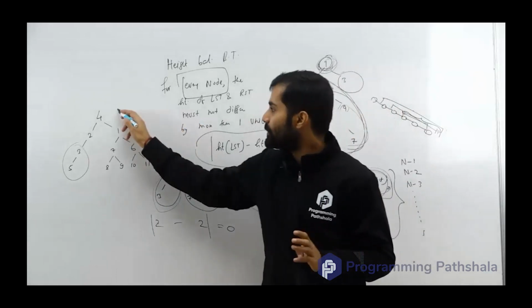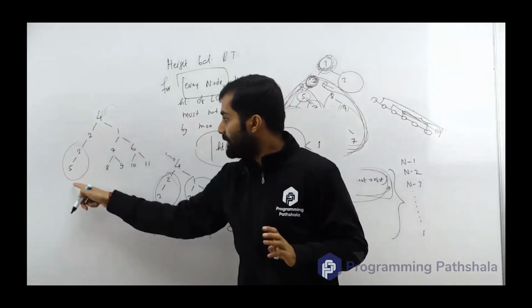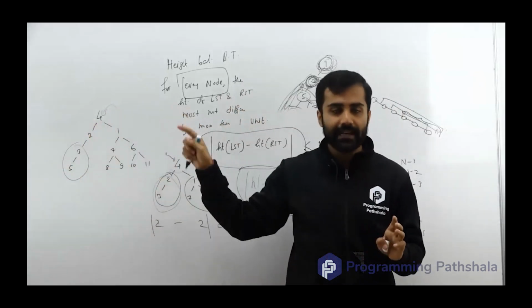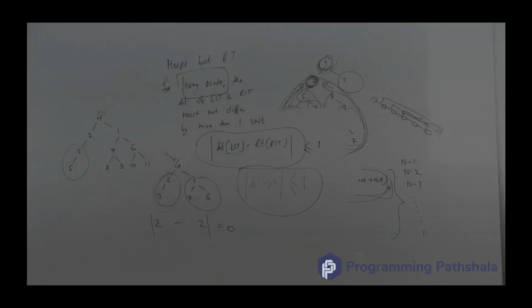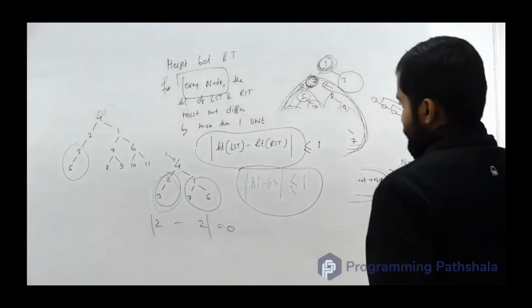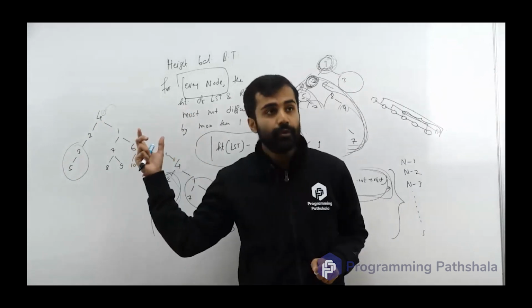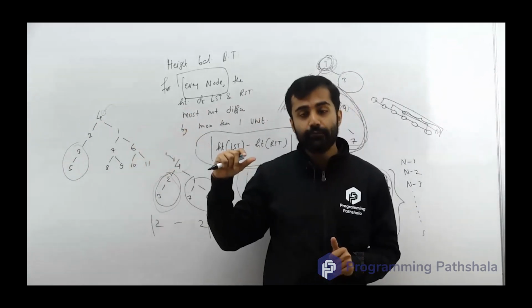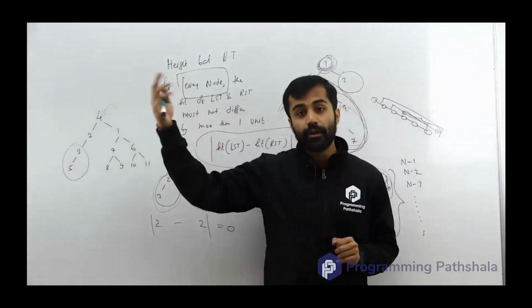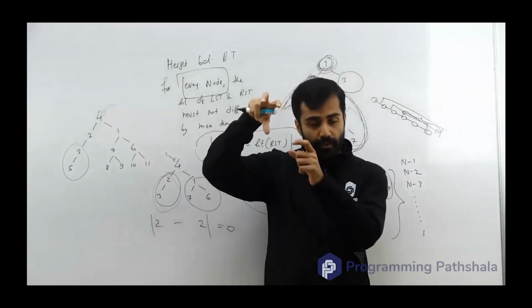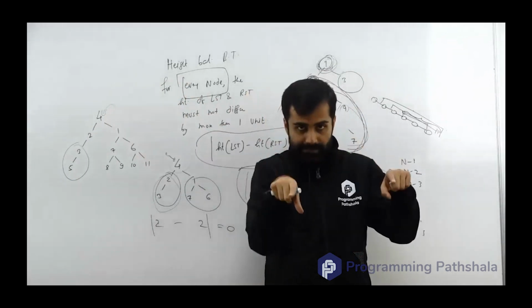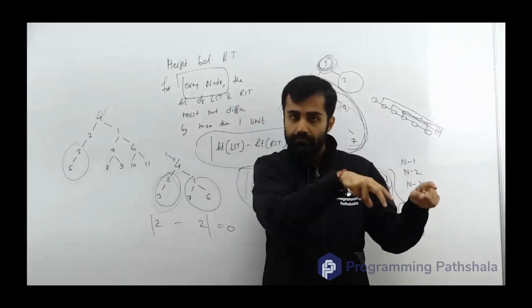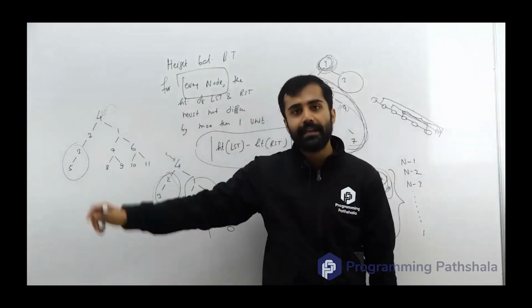At each node, you can first find left height, then right height, and then check for the difference. But you can play much smarter, because if you take the approach that was our first approach of diameter, it will take you order n square, because from each node you'll call height for its left child, and then again and again call the get height method.